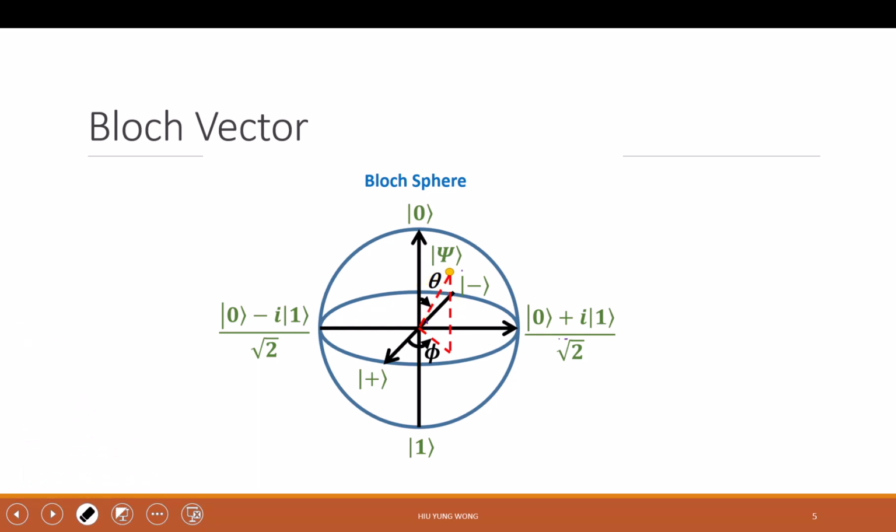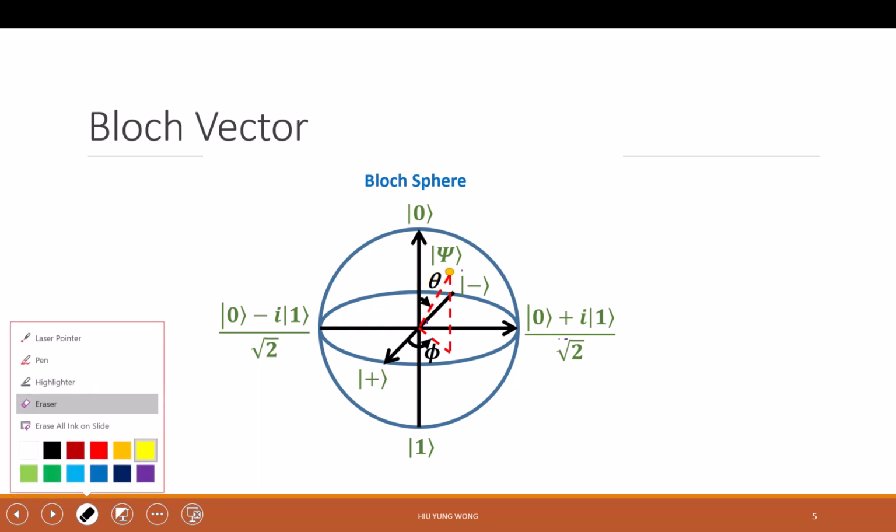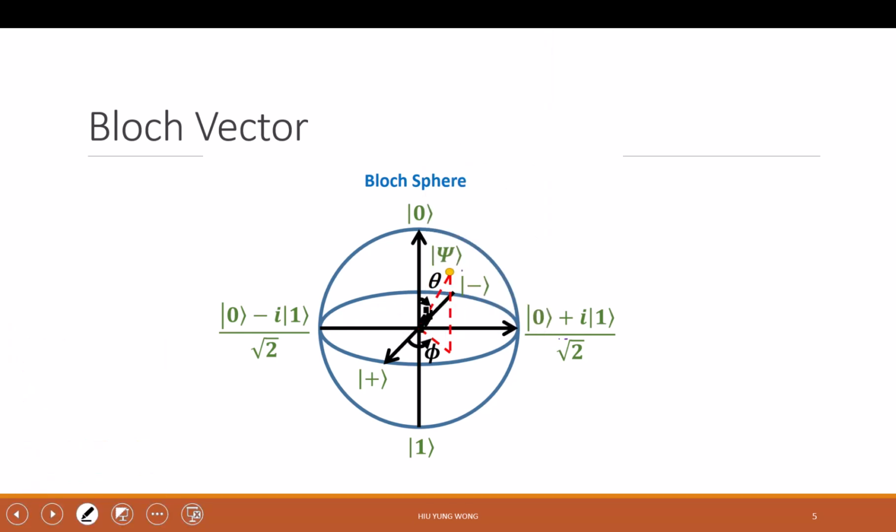This one here is also a vector, R, and this is called the Bloch vector.